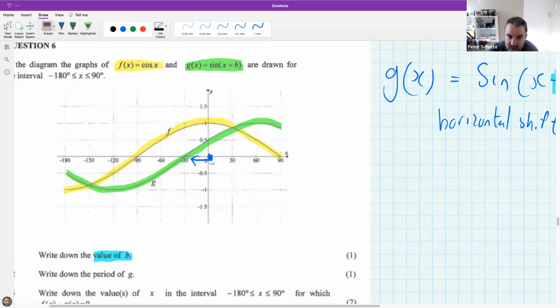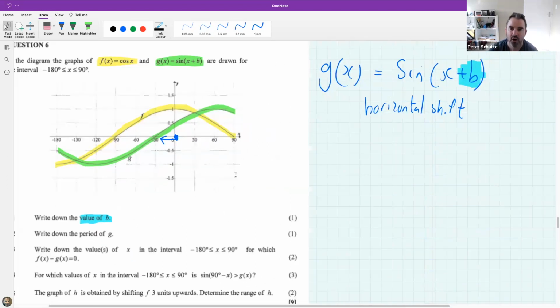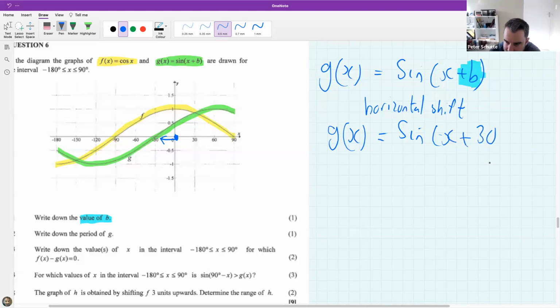It's not a stretch. It looks like it's been shifted to the left by how much? Okay, now it's been shifted to the left by 30. And so the value of b is going to be plus 30.